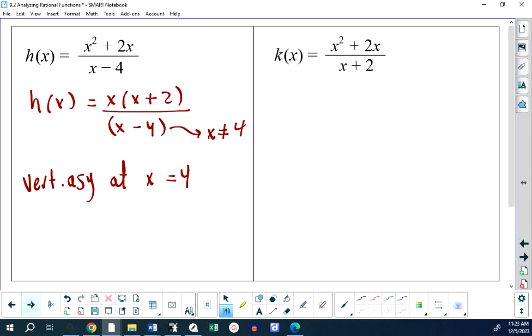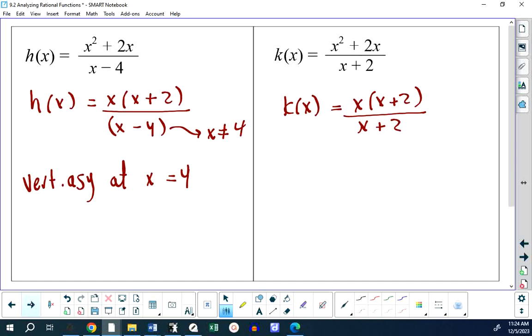Okay, let's factor k of x. And you know, admittedly, everybody, these functions I'm giving us for this first example are not complicated.